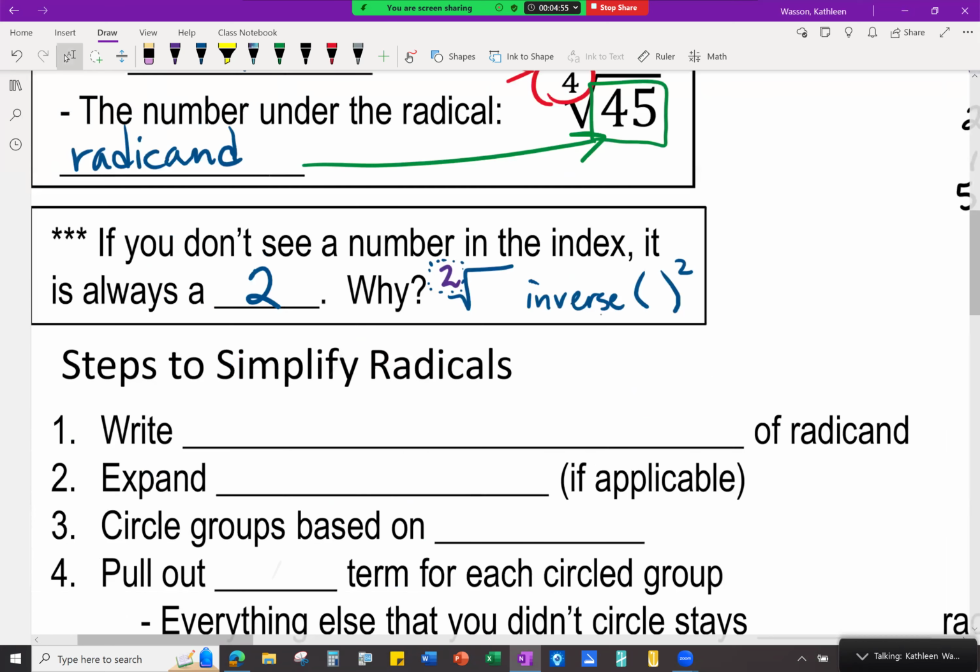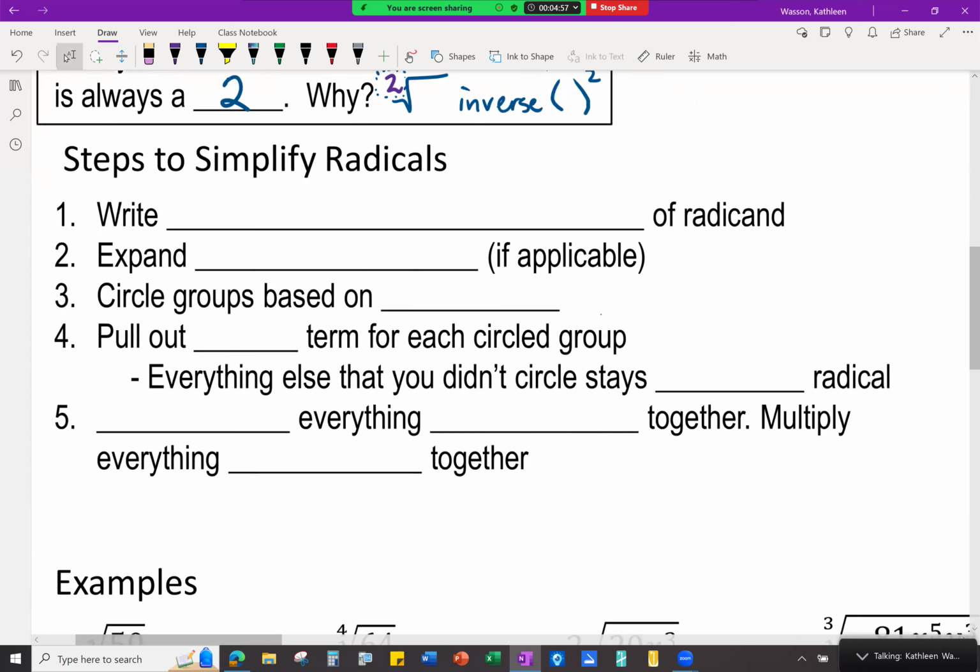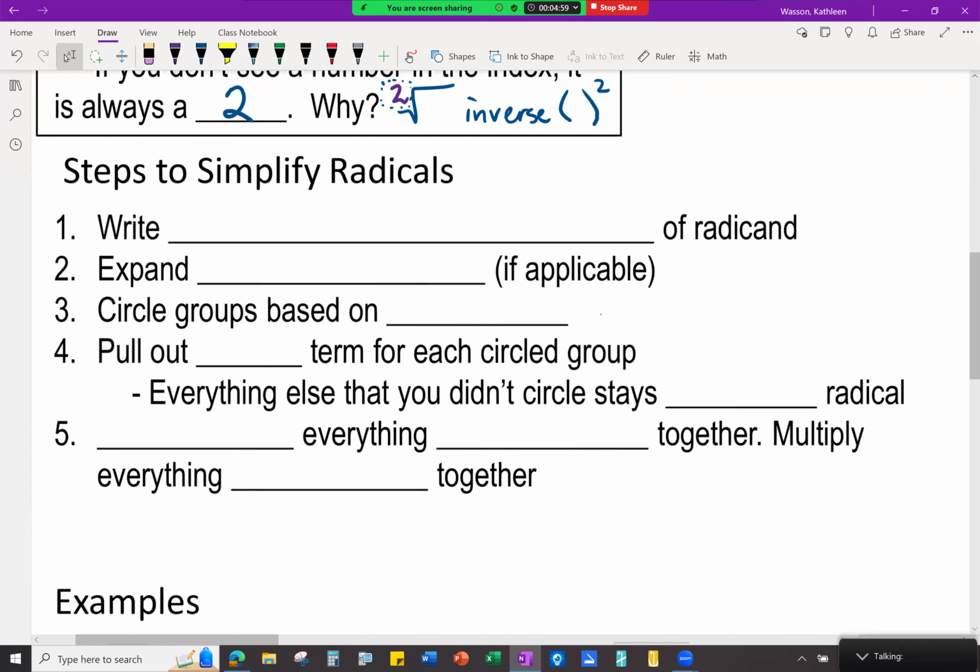Next, we have steps for simplifying radicals. To make this as few steps as possible, I would say write the largest factors of the radicand.